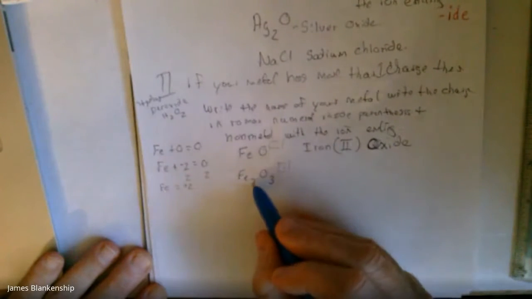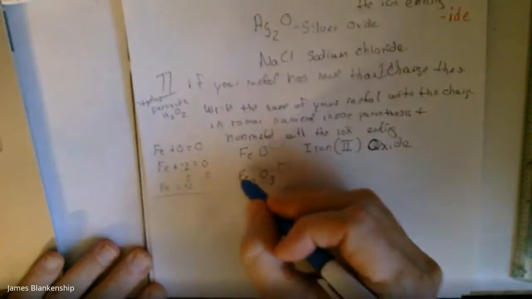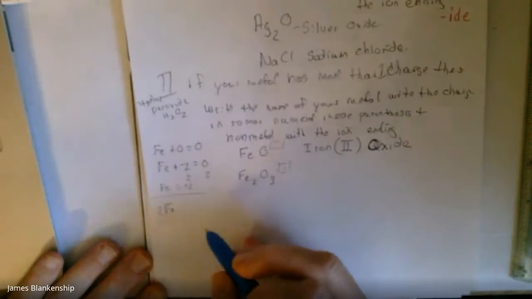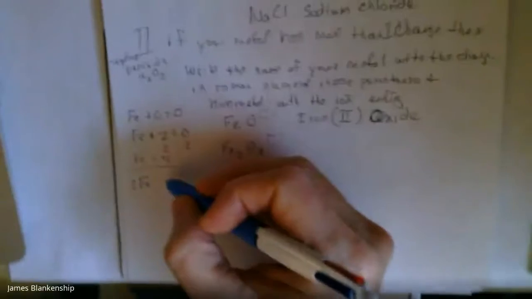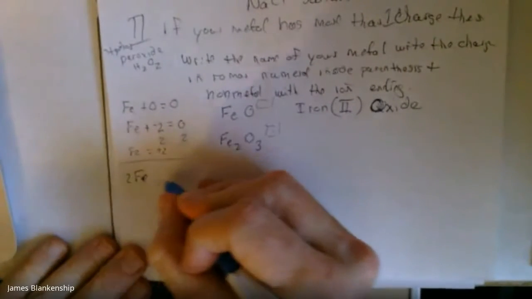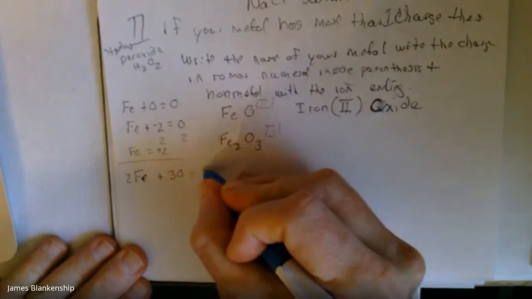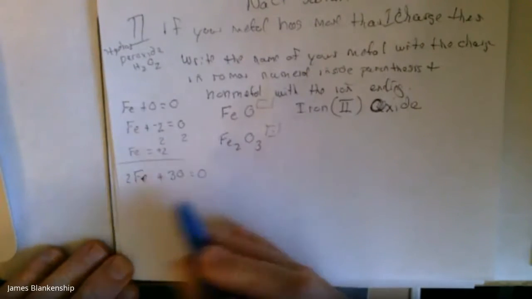If we were looking at Fe2O3, we would approach that the same way. So Fe2O3 would be 2 irons plus 3 oxygens, all yielding 0.